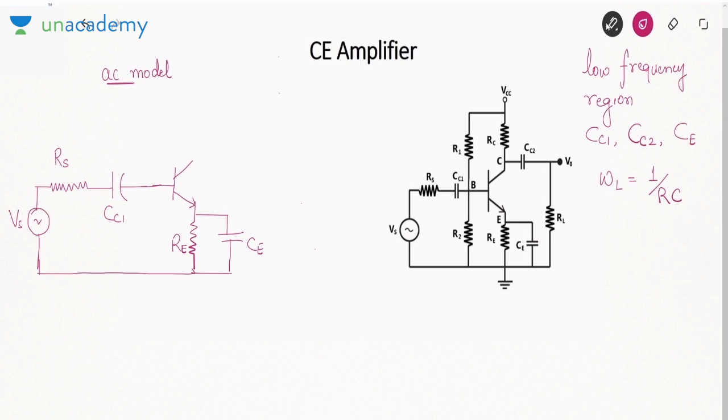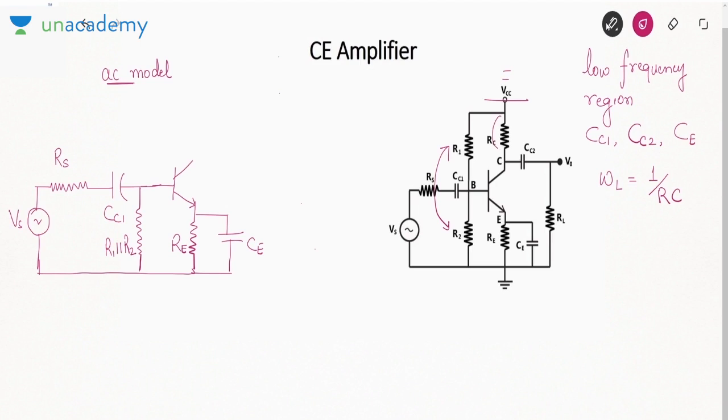Now we know in the AC model we ground this VCC. If we ground this VCC, as I have shown you multiple times earlier, R1 and R2 will be in parallel between base and ground. This will be R1 parallel R2.